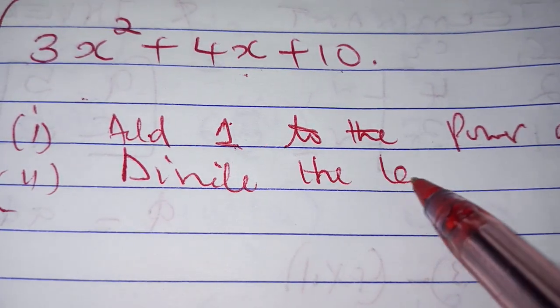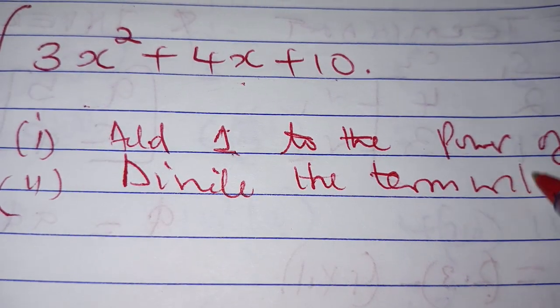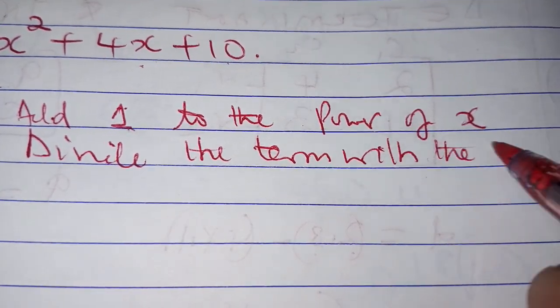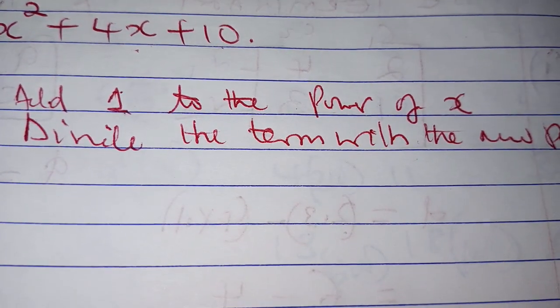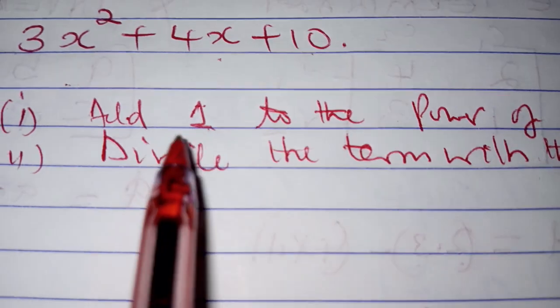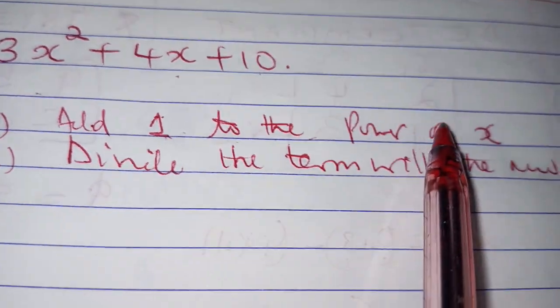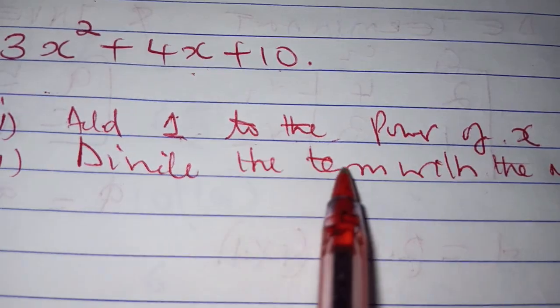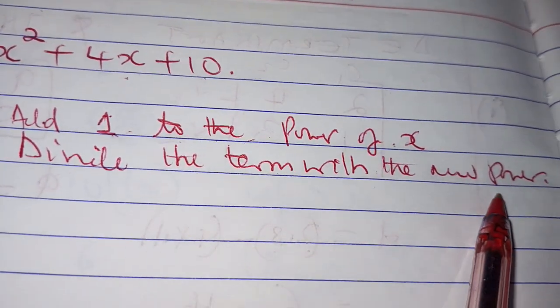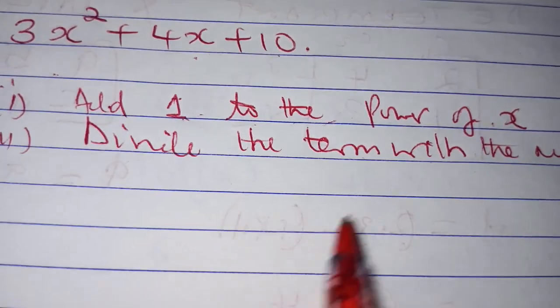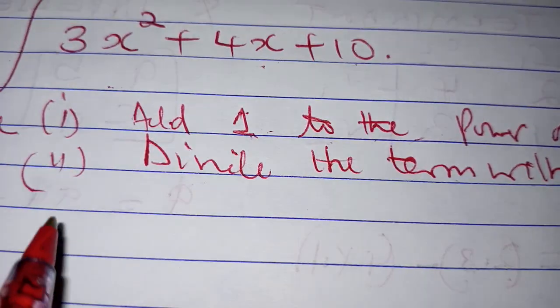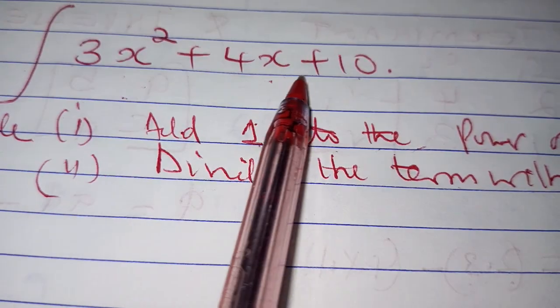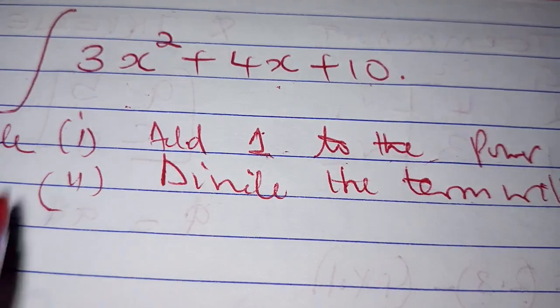the term with the new power. We say you add 1 to the power of x and then divide the term with the new power. Now, looking at our question, 3x squared plus 4x plus 10, we can see the answer.